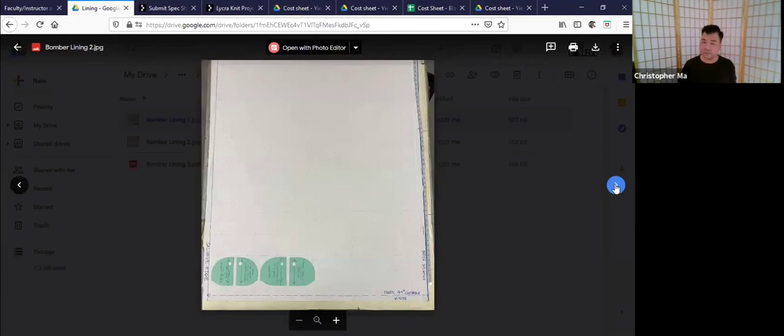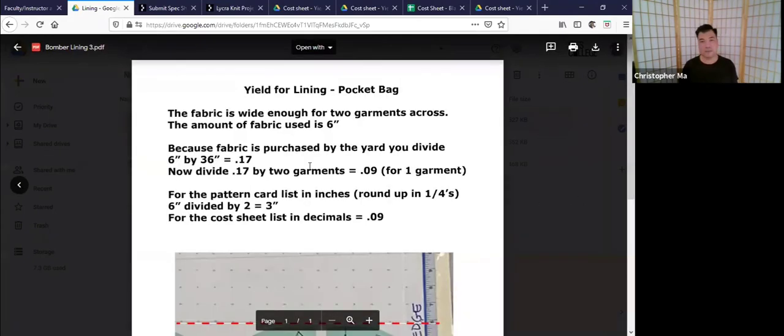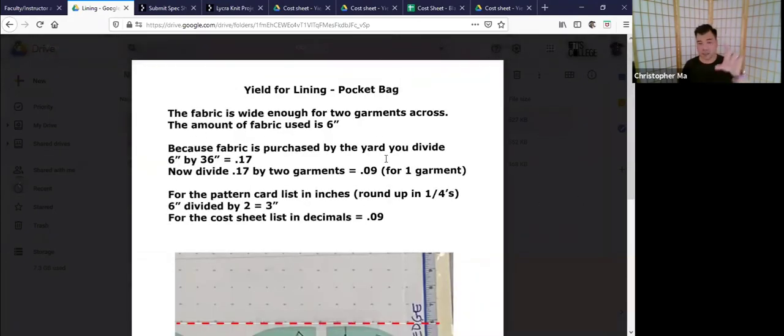You get 2 garments across, okay? So it's maybe a little easier to calculate this time. So it needs 6 inches to have 2 garments. But your 6 inches needed to divide by 36, meaning it's 0.17. Now you need 0.17 divided by 2 garments. It's 0.09 for 1 garment.